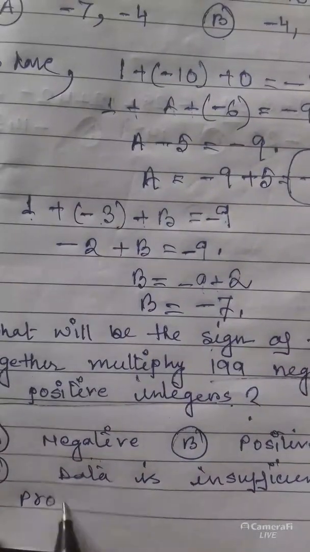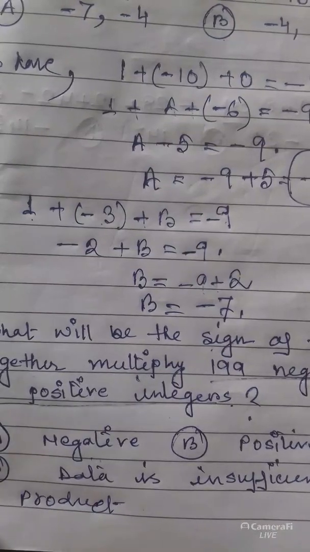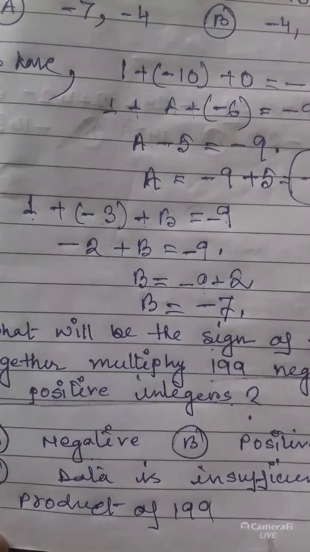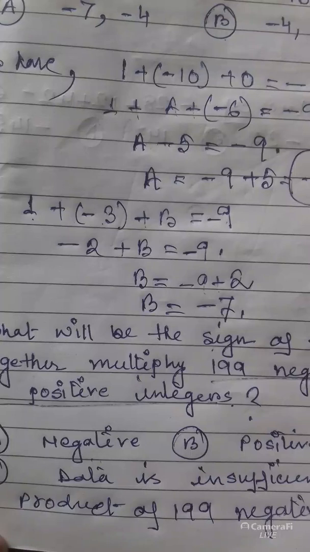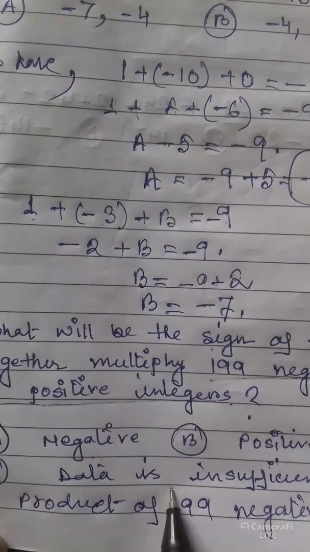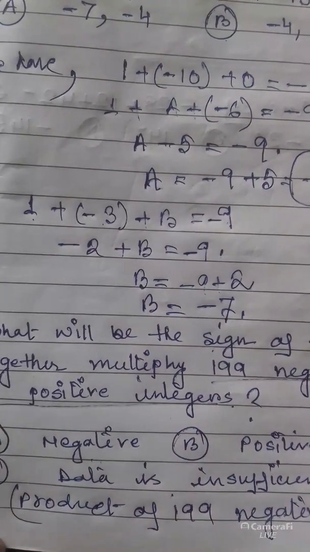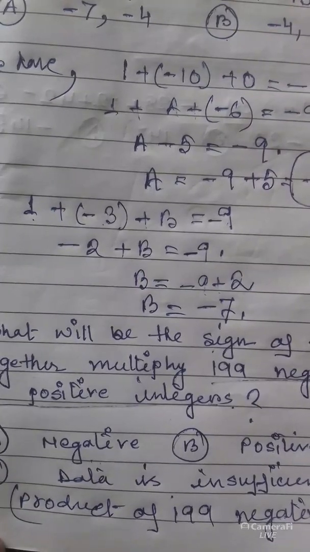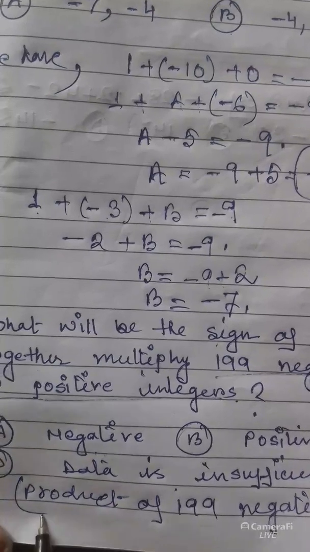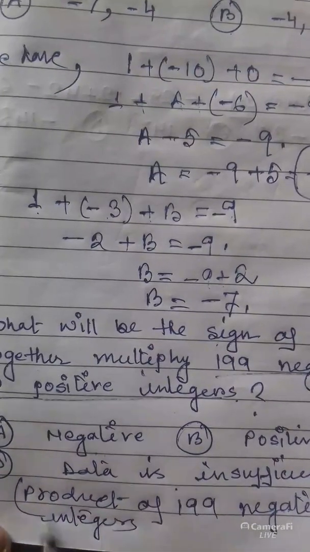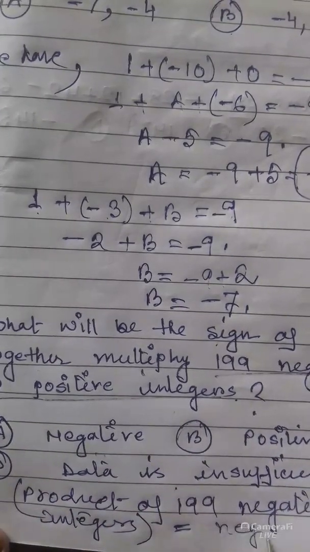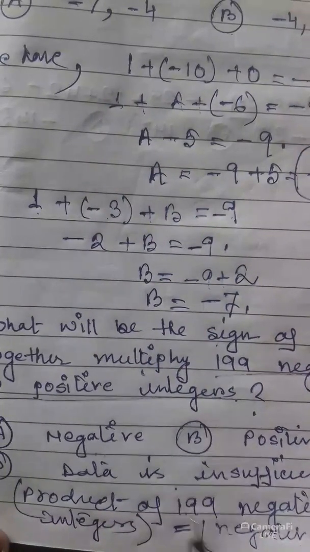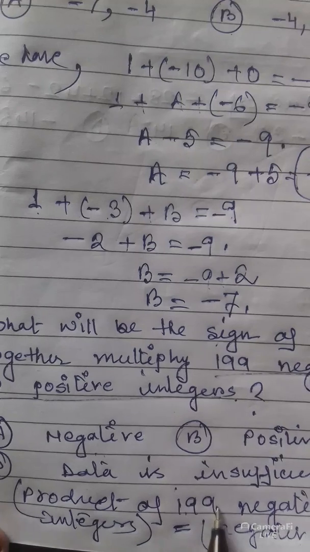The product of 199 negative integers into 10 positive integers. The product of 199 negative integers always has a negative sign, because 199 is an odd number.